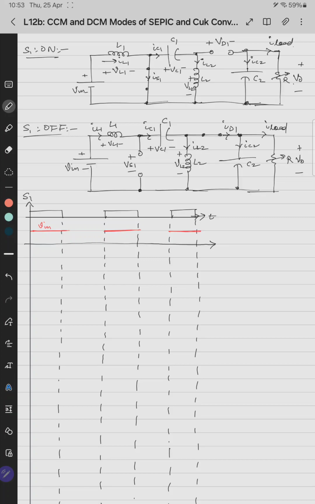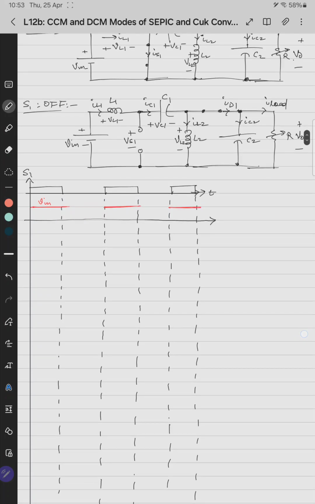In order to have volt-second balance, that waveform has to go in the negative direction, because positive area equals negative area, and only then will the inductor current reach steady state. So Vin minus VC1 minus V0 should be negative, which means that VC1 plus V0 should be greater than Vin. Only then will the amplitude of VL1 be negative.